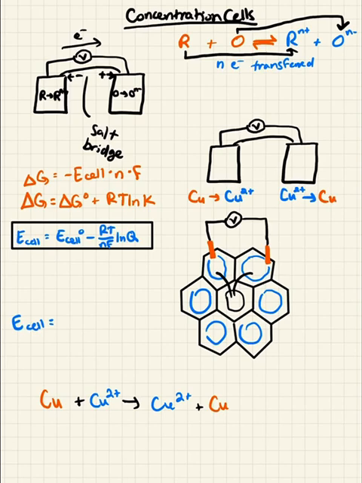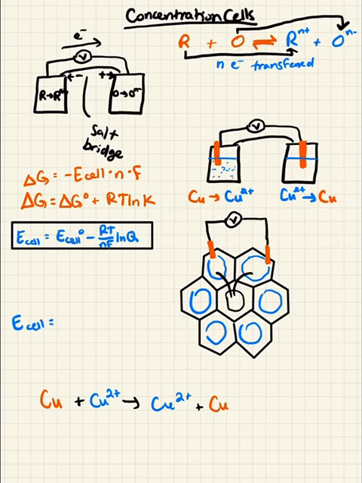And so to have this happen, you have to have your solid metal electrode in the solution. So I'll draw that. And the solution has your copper 2+ at some concentration.